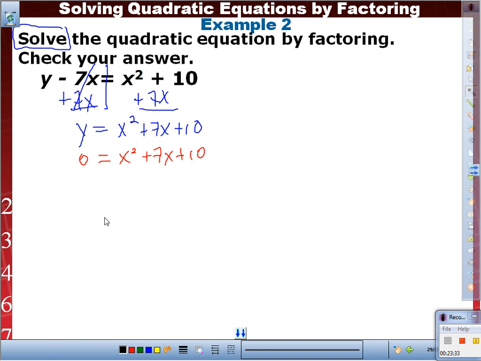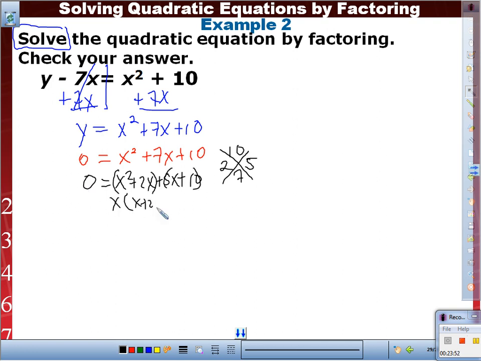And as mentioned, step 3 is factoring. We got 10, 7, that's 2 and 5. So this is x squared plus 2x plus 5x plus 10 equal to 0. Group. We got x plus 2, 5, x plus 2 equal to 0. So 0 equals x plus 2, x plus 5.